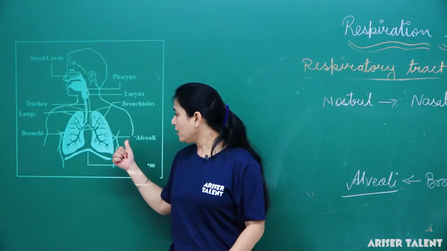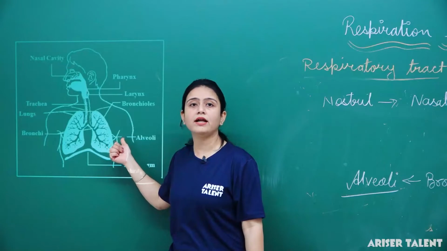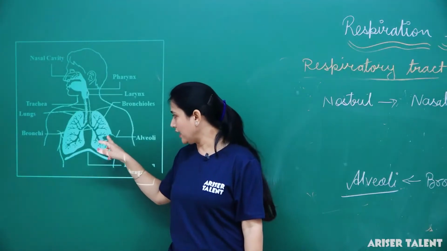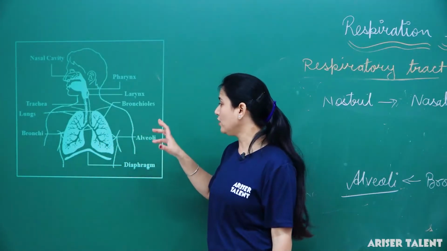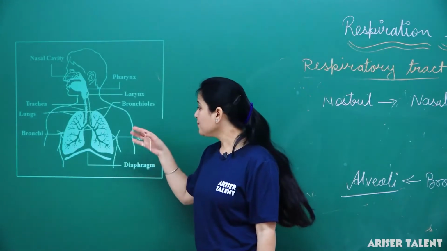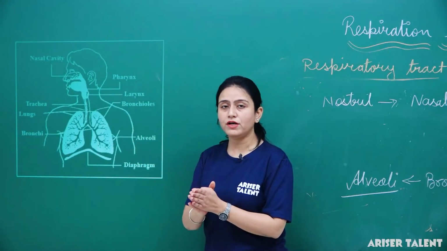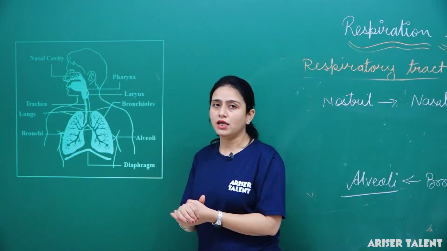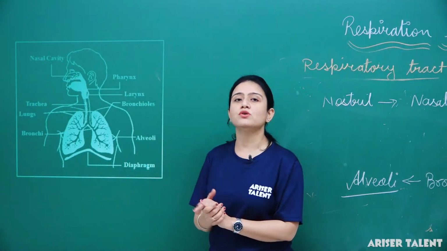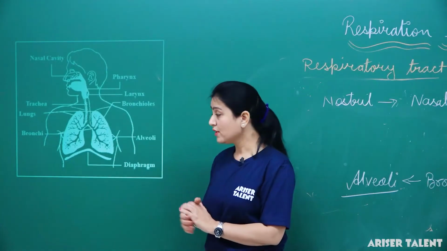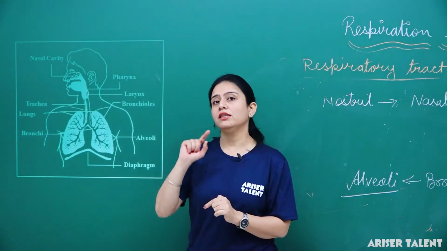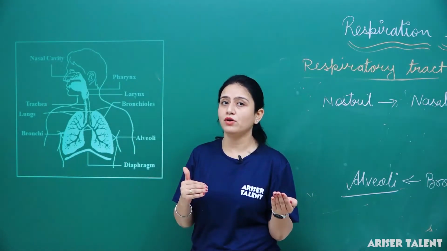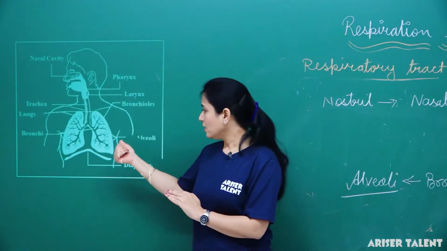That oxygen gets mixed with the blood. It diffuses in the blood. In the blood, first it gets mixed with the blood plasma, then it goes into the hemoglobin and forms oxyhemoglobin. At that time, the concentration of carbon dioxide in the blood is higher than in the alveoli.